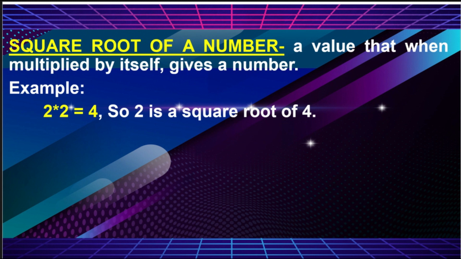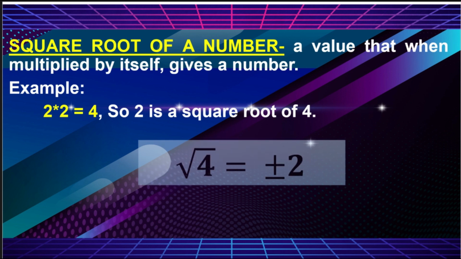For example, 2 multiplied by 2 is equal to 4. So 2 is a square root of 4. Take note that negative 2 times negative 2 is also 4. So negative 2 is also a square root of 4. Therefore, the square root of 4 is positive and negative 2.